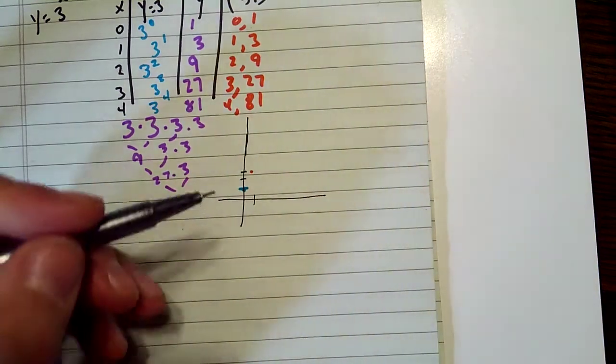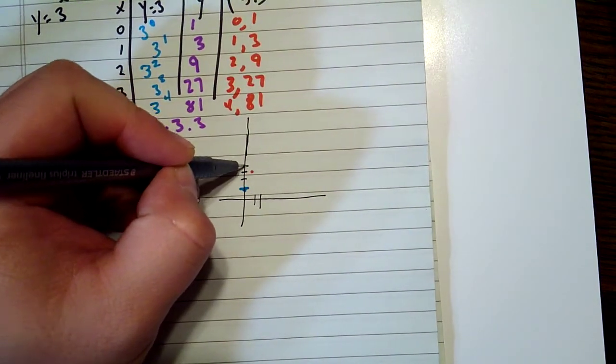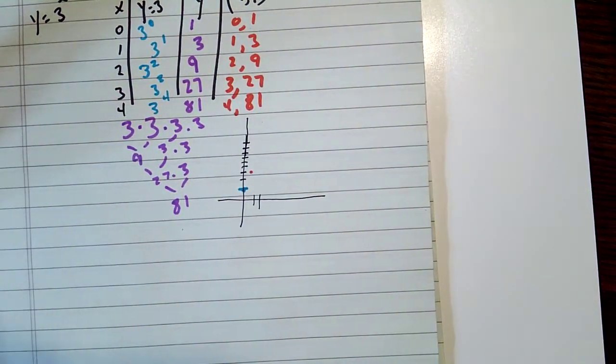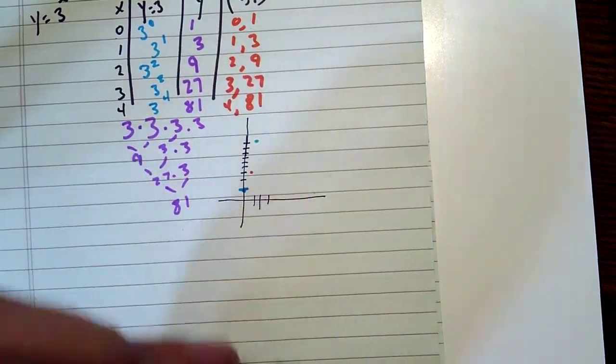Then my next one is going to be 2. That's 3, 4, 5, 6, 7, 8, 9. I'll do green. Okay, there's 3 dots.